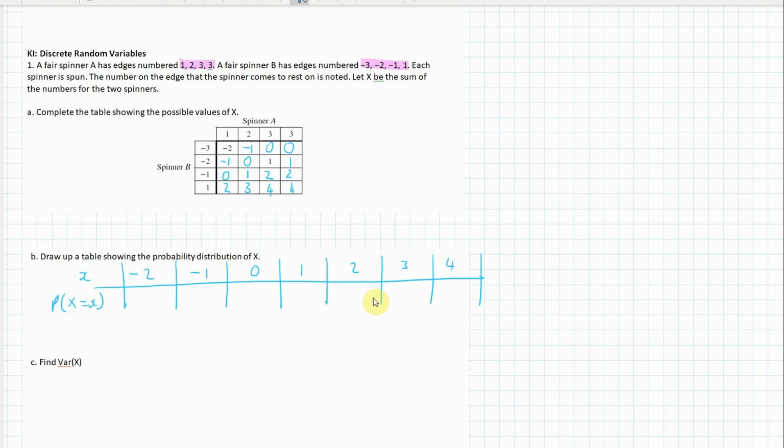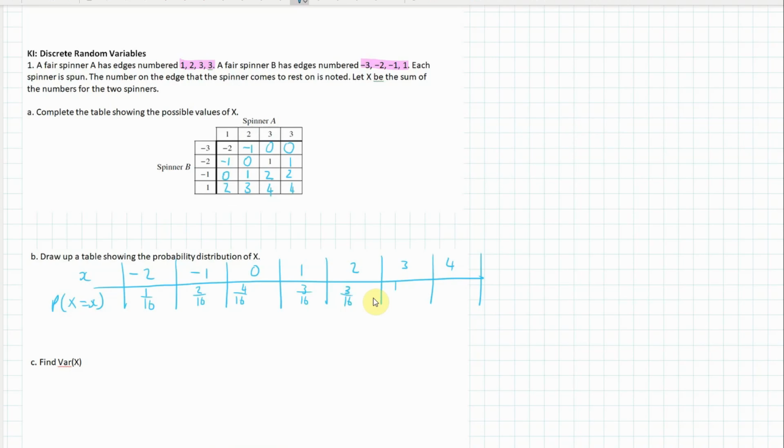So negative 2, there seems to be one value out of 16. Negative 1, it looks to me to be two values out of 16. So 2/16. 0, looks to me to be 4 values out of 16. Positive 1, we got 3 values out of 16. 2, I think also 3 values out of 16.